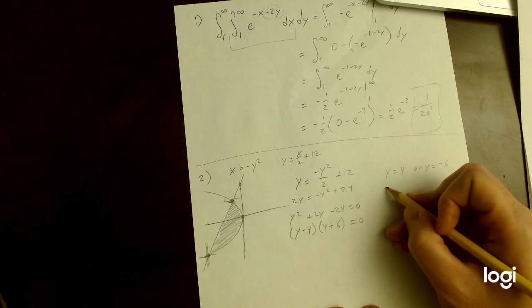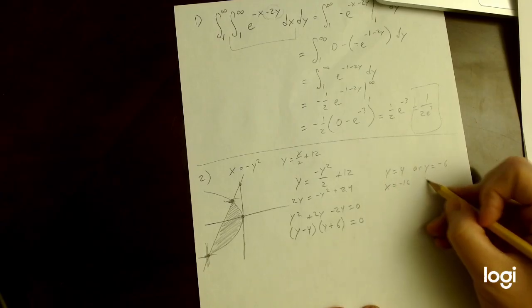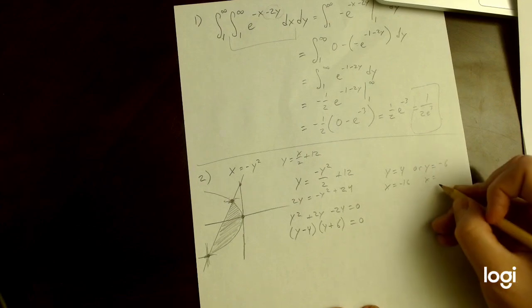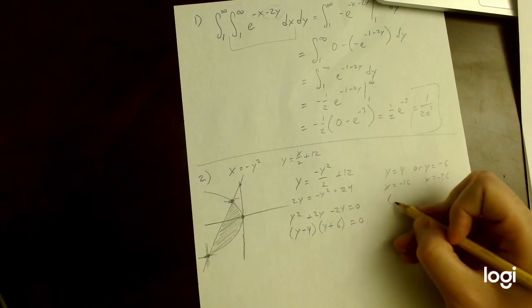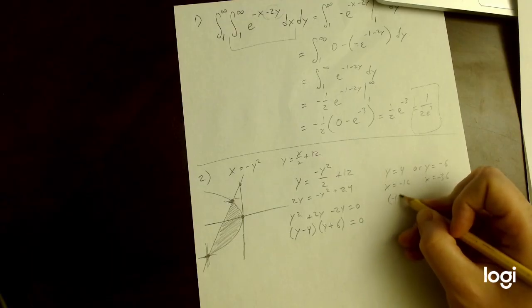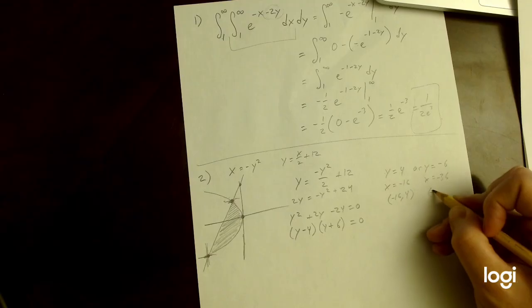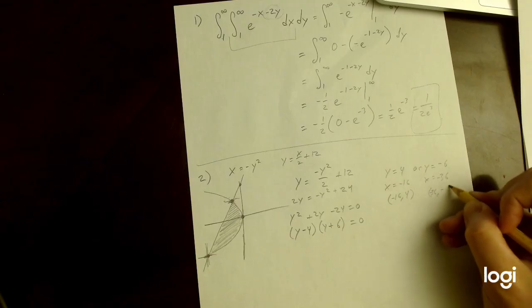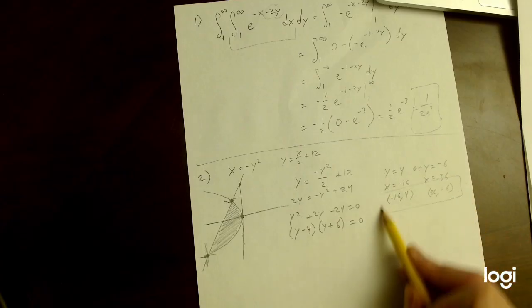So then the x associated with this one would be minus 16, and the x associated with this one is minus 36. So that all works out, and now we know our 2 points. So I'll label them minus 16, 4, and minus 36, minus 6, like that. Those are my points of intersection.